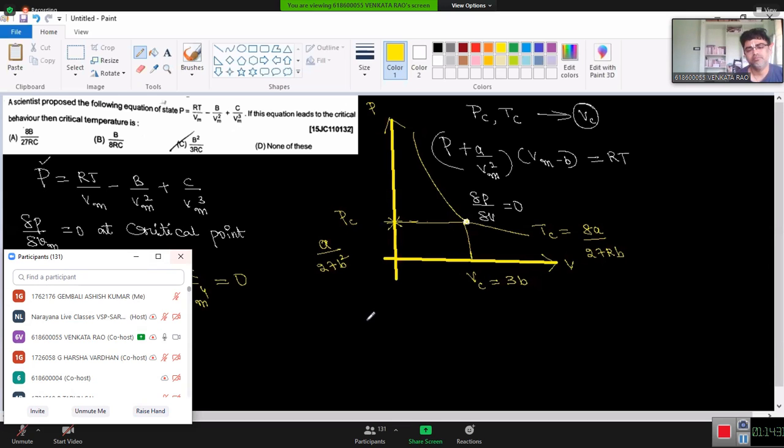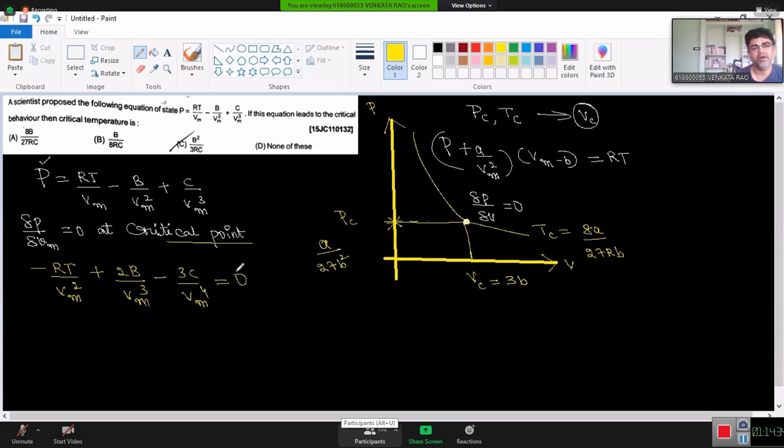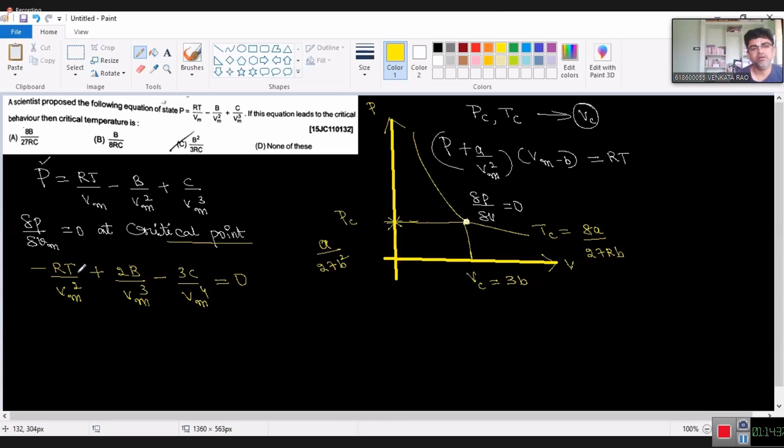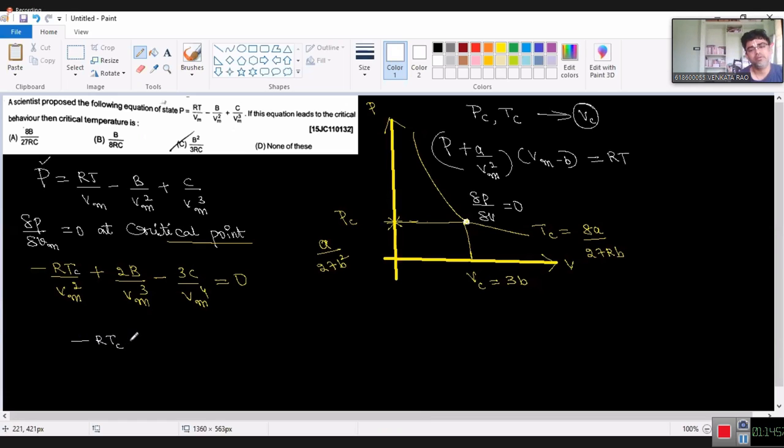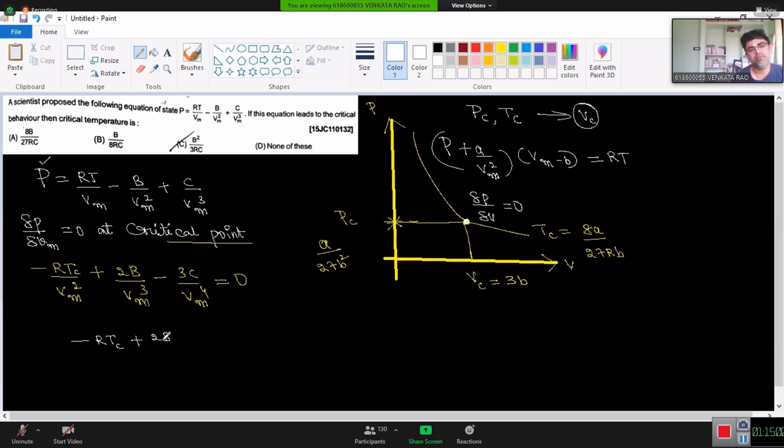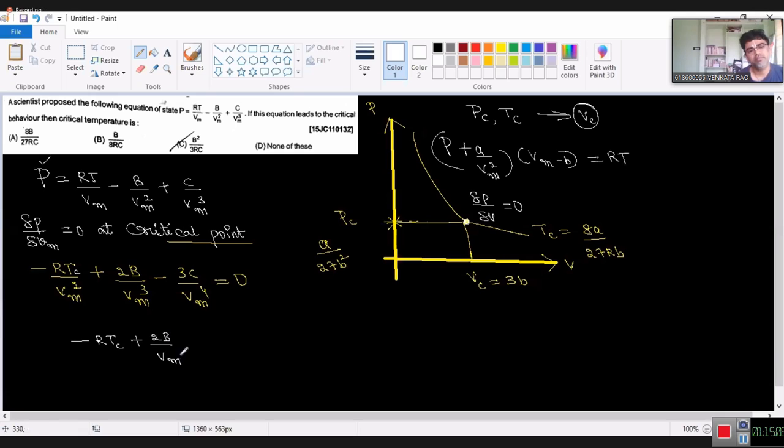Okay. Now, as it is the critical point, better write temperature as critical temperature. And volume will be critical volume. Can we also write this as minus RTc plus 2B by Vm minus 3C by Vm square is equal to 0?